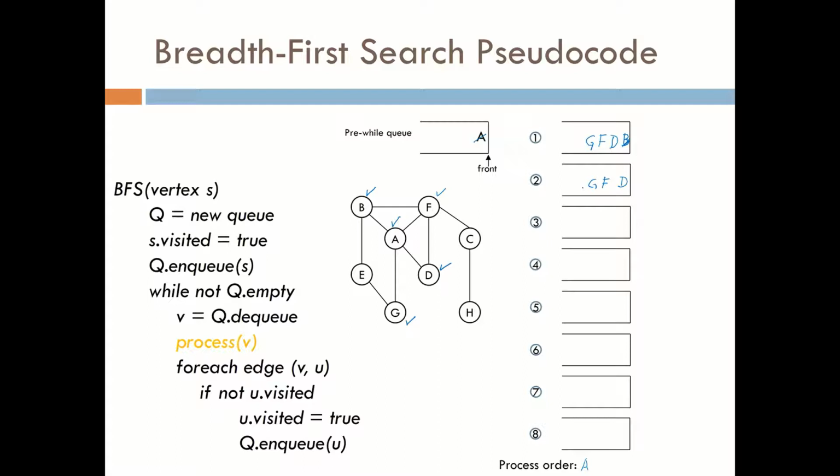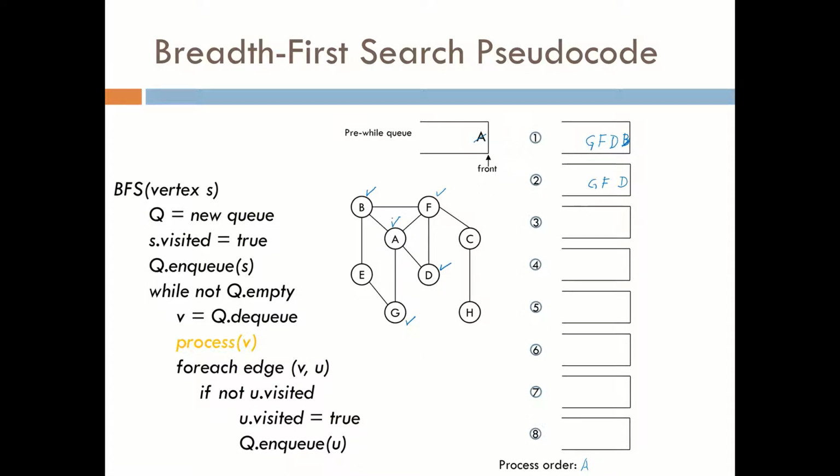Okay, so G, F, and D are still in there with D at the front. And now from B, we will look at each edge and look at the other vertex. And if that other vertex has not been visited, we will mark it visited and place it in the queue. So B is connected to F, but F has been visited.